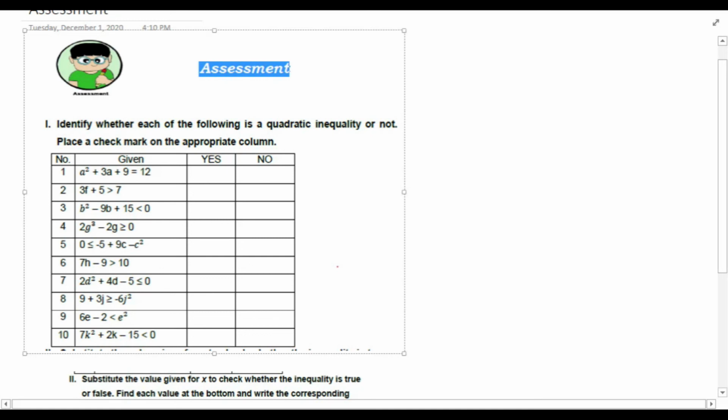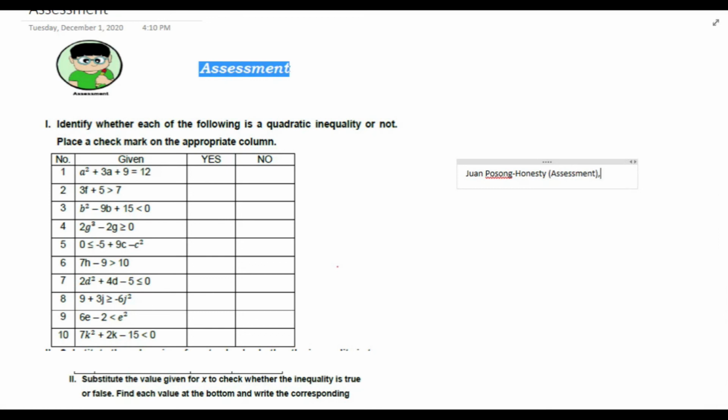So you just check if it is yes and check if it is no. For your comment, just comment yes or no. Comment your name, Juan Puso, section Honesty, assessment number 1. Yes, number 1, yes. If it is yes or no. So it is no because it is a quadratic equation.